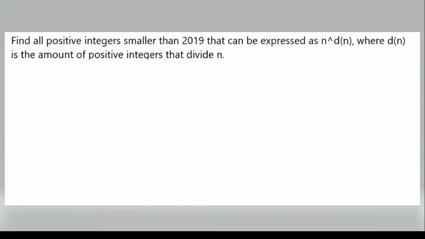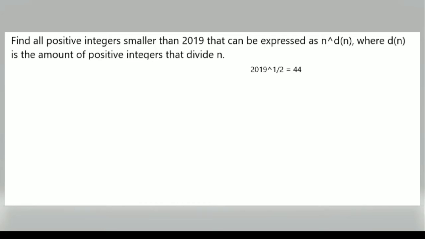The square root of 2019 is about 44, with some decimals, but we're going to say it's 44. This means every prime number smaller than 44 will be considered for the problem.